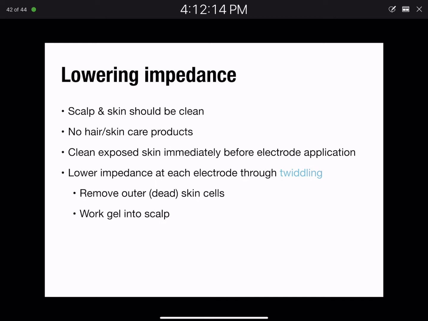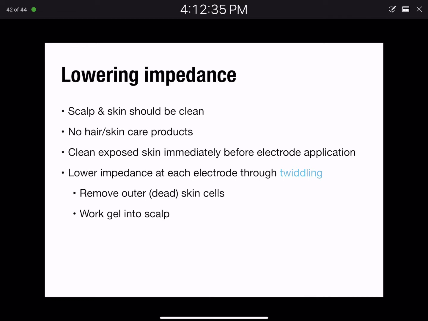Any spots where there is no hair, you can clean that with rubbing alcohol, or we've got this stuff called NuPrep, which is kind of an exfoliant, so it's got some rough stuff in it. Again, that'll help remove oils, dead skin cells, stuff like that. So forehead, typically we put electrodes around the eyes to monitor for blinks and eye movements.